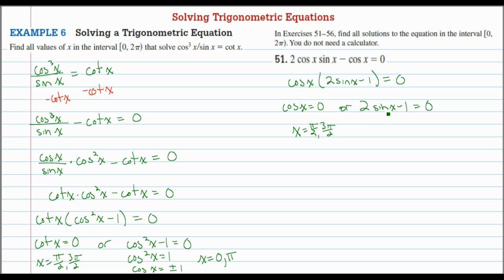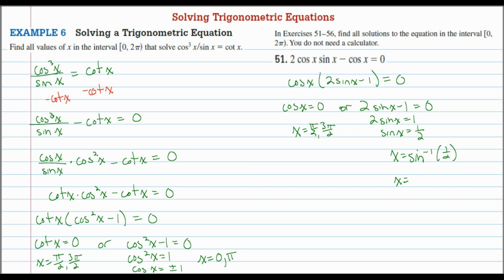This one I'm going to have to do a little work. 2 times the sine of x equals 1 if I add 1 to both sides, and then divide by 2, the sine of x equals 1/2. So what angles have the sine 1/2? This is kind of like inverse trig. Really, I'm trying to find x equals the inverse sine of 1/2.